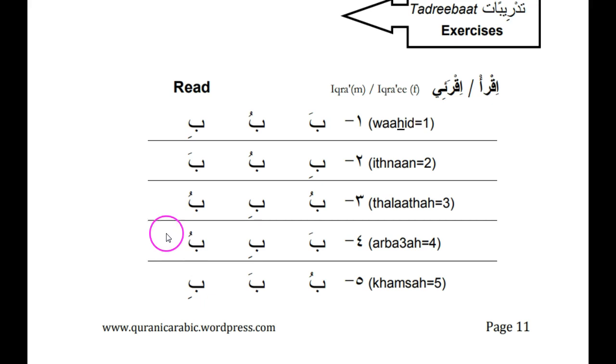Ba with damma, bu. Ba, bi, bu. Khamsa means 5. Ba with damma, bu. Ba with fatha, ba. Ba with kasra, bi. Bu, ba, bi.